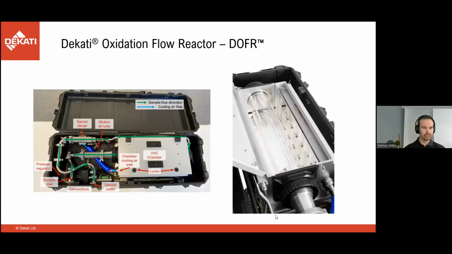How does it look inside more closely? If we follow first the green arrows, which indicate the flow path for the aerosol, we have the inlet, and the aerosol goes through this so-called laminarization cone.